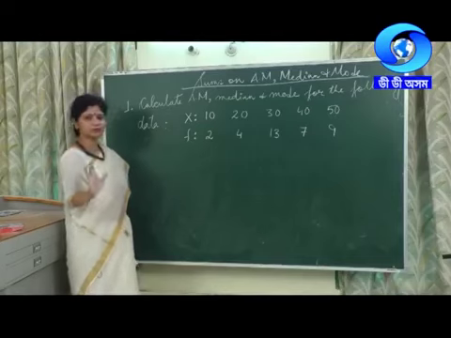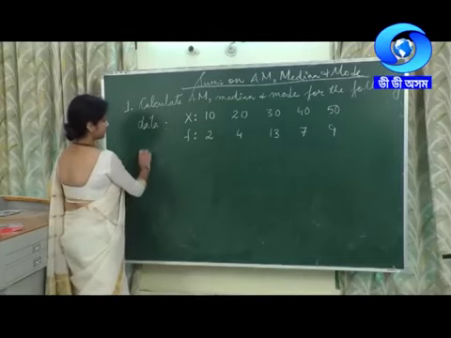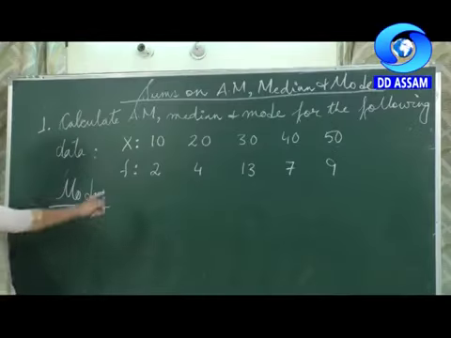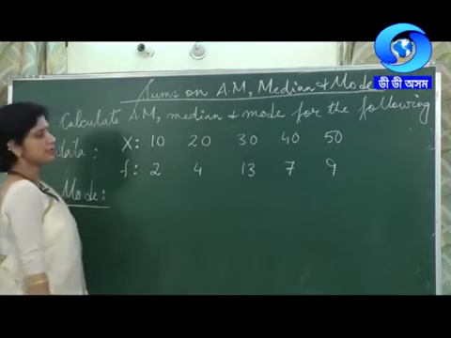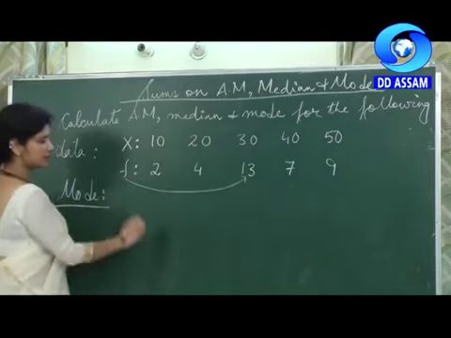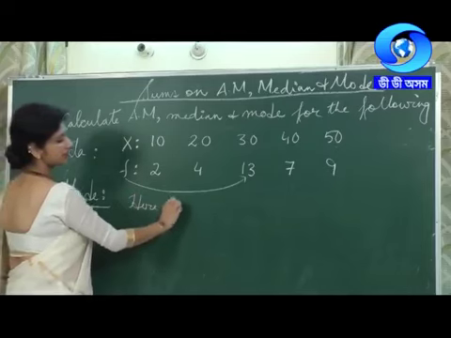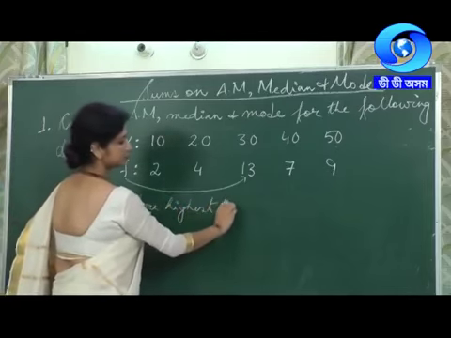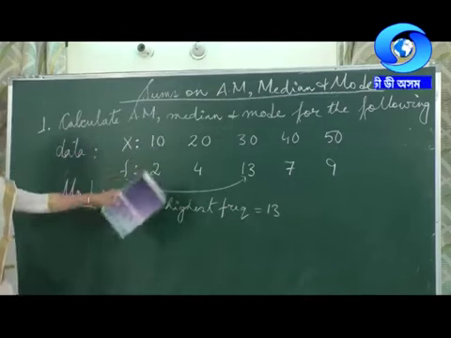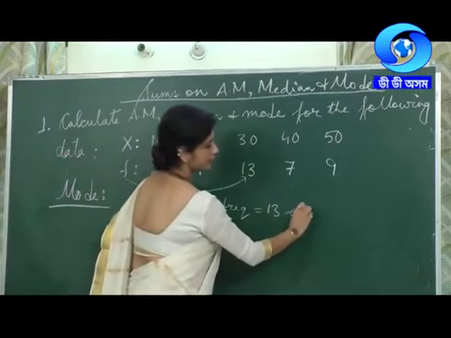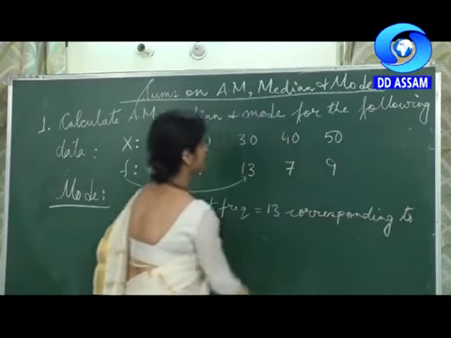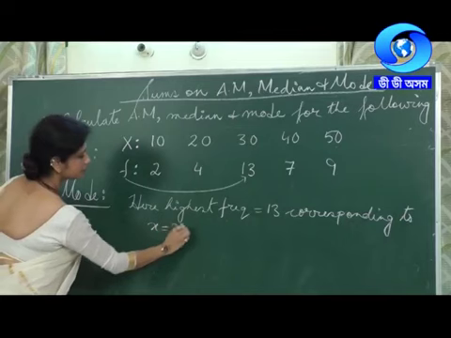So mode will be the easiest, so let us do mode first. While calculating mode, first of all, we have to look into the frequency column. In the frequency column, which is the highest frequency? Highest frequency is 13, corresponding to x equal to 30.